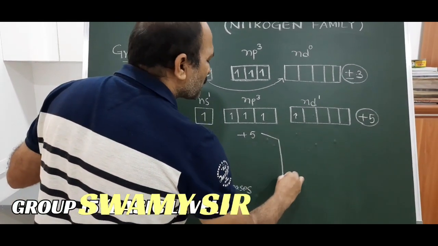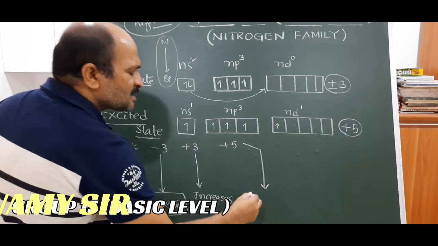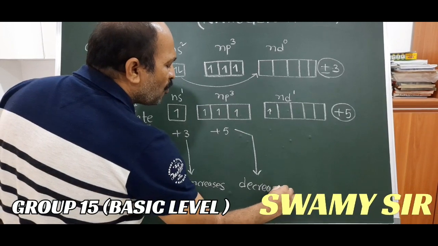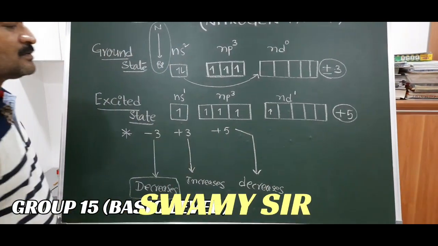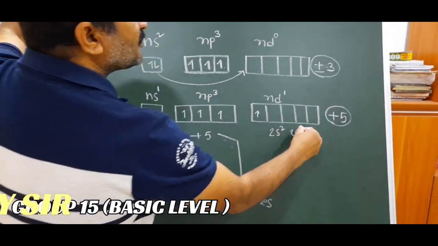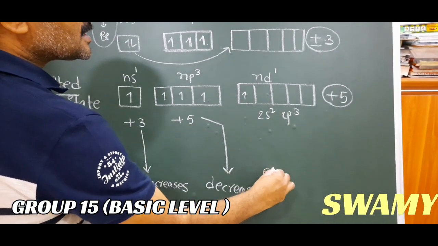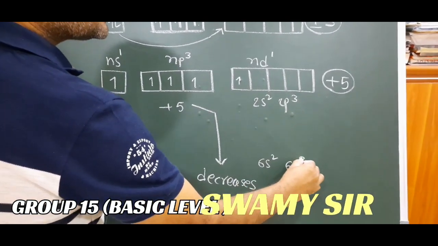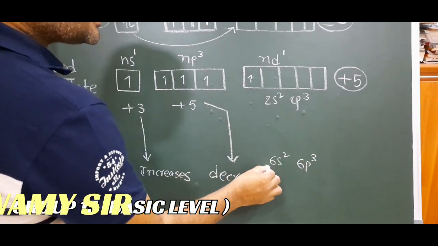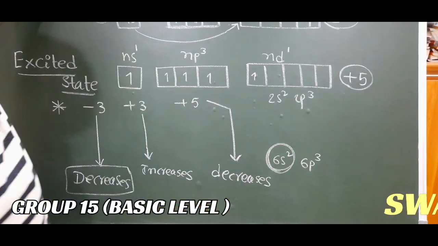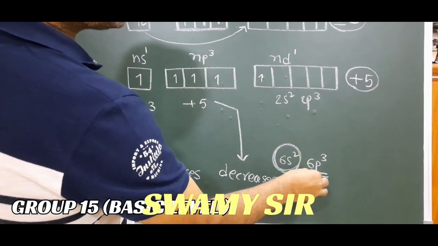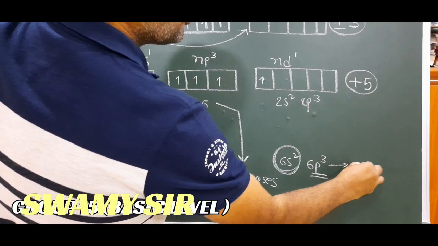What about +5? The +5 oxidation state stability decreases. Here students have a doubt: how and why? Very simple. If you take the configuration of nitrogen, 2s2 2p3 is the outer configuration; come to bismuth, 6s2 6p3. As the size increases, this s electron pair is chemically passive, chemically reluctant. Then only 3 electrons participate, so it exhibits only +3.